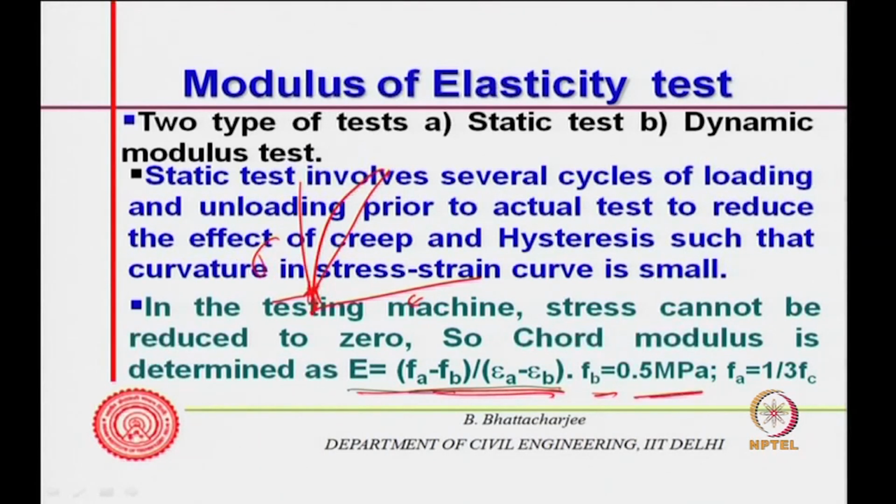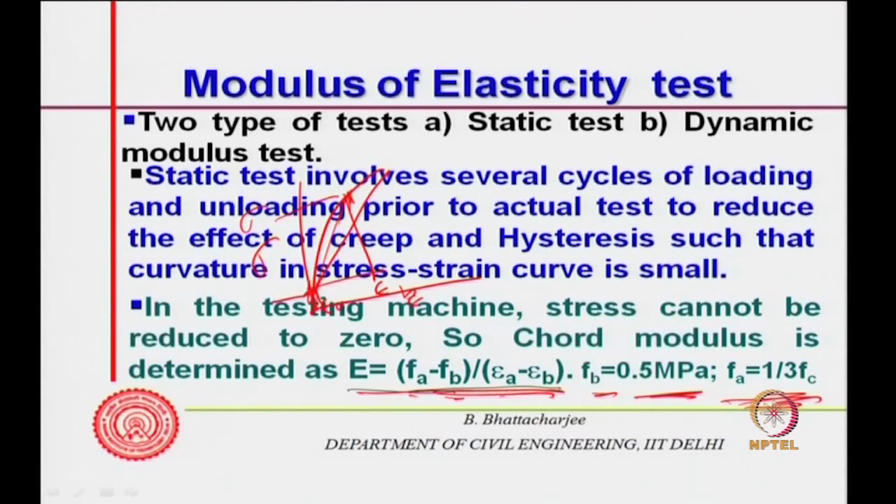So, corresponding to the minimum stress of 0.5 MPa, up to 1/3 Fc, prior to severe micro cracking. So, it is F a minus F b over epsilon a minus epsilon b. This is your epsilon b, this is epsilon a, and sigma or f or whatever you call it.